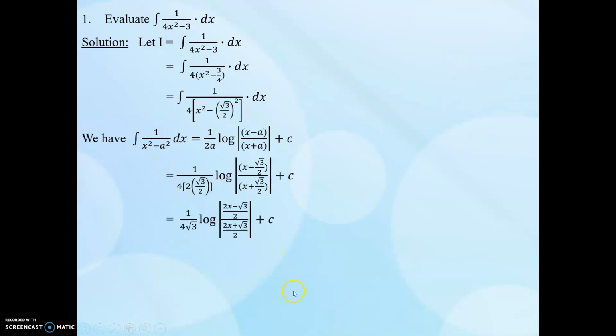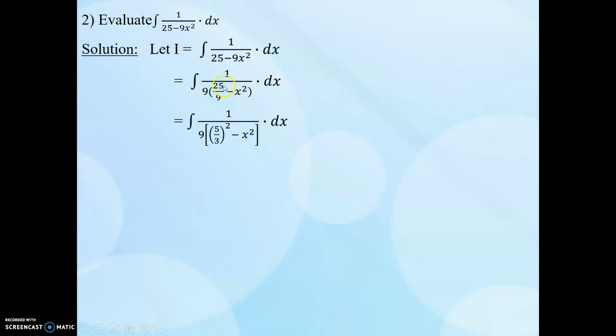So 1 upon 4 root 3 log mod, taking LCM here, 2x minus root 3 upon 2x plus root 3, the 2 and 2 cancel in the next step, plus c. So the integral of 1 upon 4x square minus 3 dx is equal to 1 upon 4 root 3 log mod 2x minus root 3 upon 2x plus root 3 plus c.